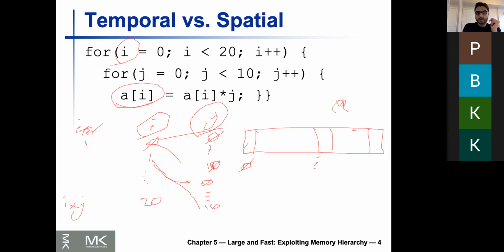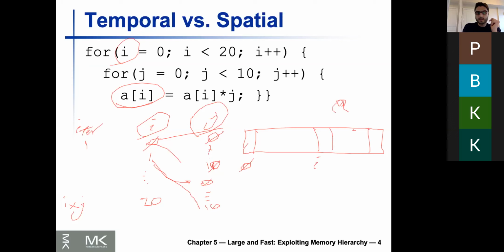For temporal locality, the definition says the items accessed recently are likely to be accessed again soon. For instance, as you saw in the example that I provided, I and J, which are induction variables. By induction variables, we are talking about variables that are getting incremented or decremented.